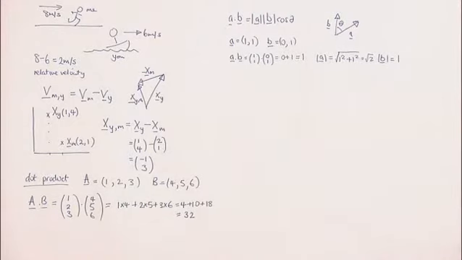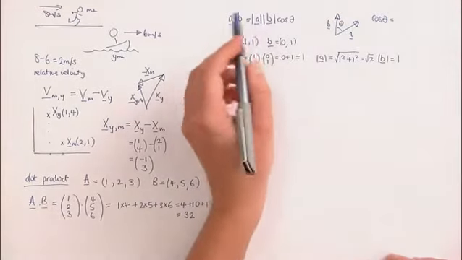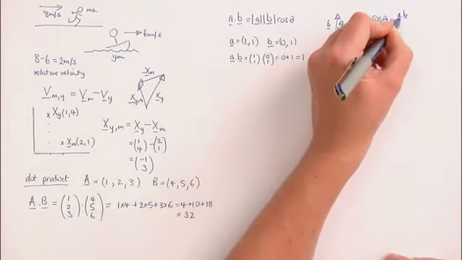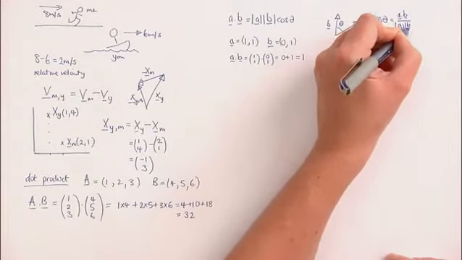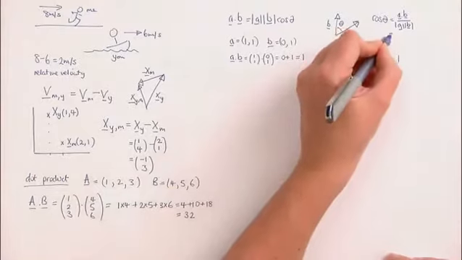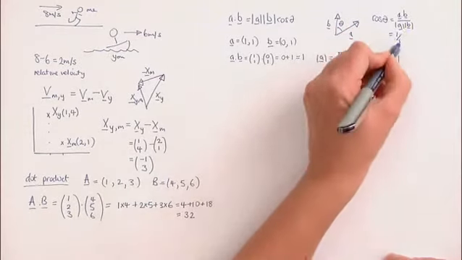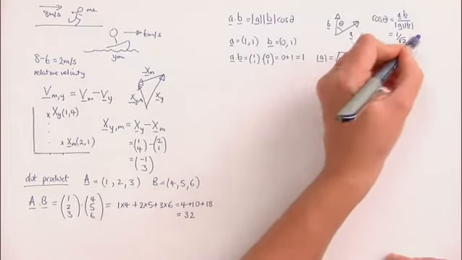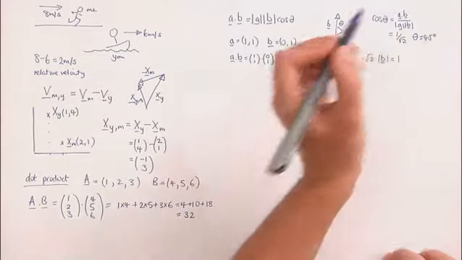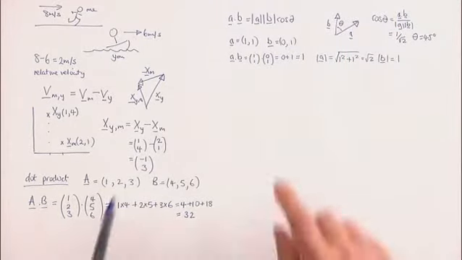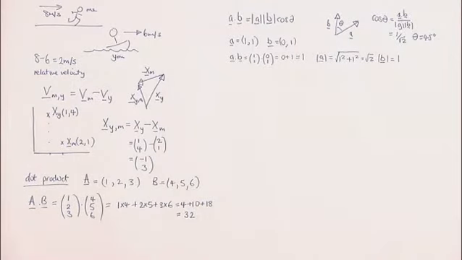And so that implies that cos theta is equal to A dot B divided by the magnitude of A times the magnitude of B, which is equal to 1 divided by root 2, which implies that theta is equal to 45 degrees. And if we plot these in the Cartesian plane, we can see that they are 45 degrees apart.